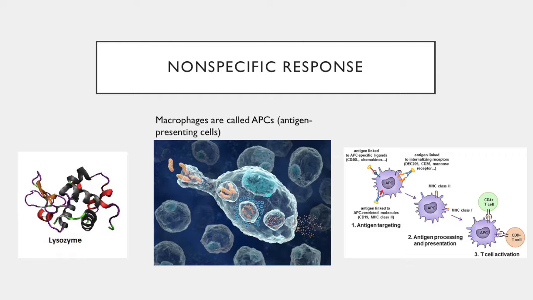Mucus is also able to trap foreign particles and microbes and transports them to the stomach. Now, our stomach has a lot of enzymes and good bacteria that actually break down those microbes.